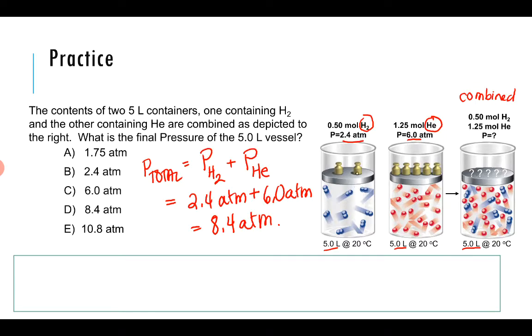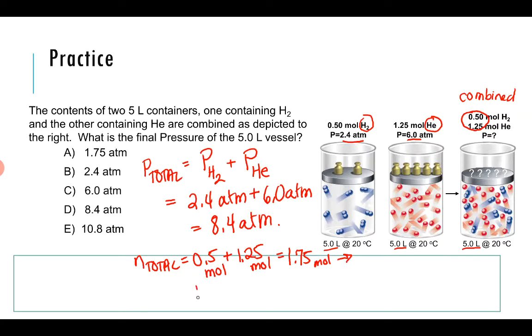Another way of solving the problem is by looking at the total number of moles. And so we could add up those moles in order to get the total number of moles. And so that's 0.5 plus 1.25 moles, which is 1.75 moles. And then we can apply the ideal gas law.